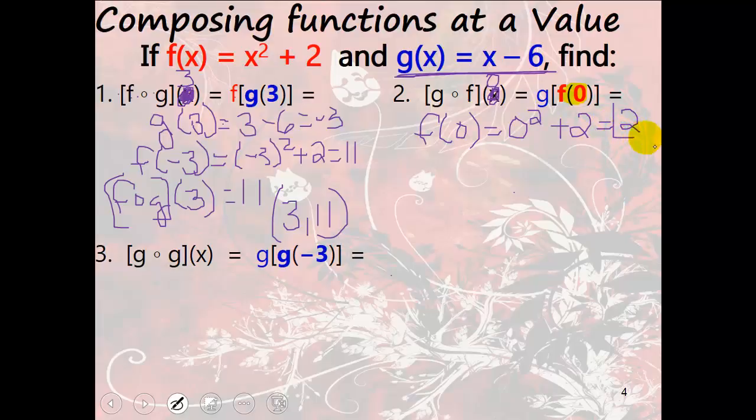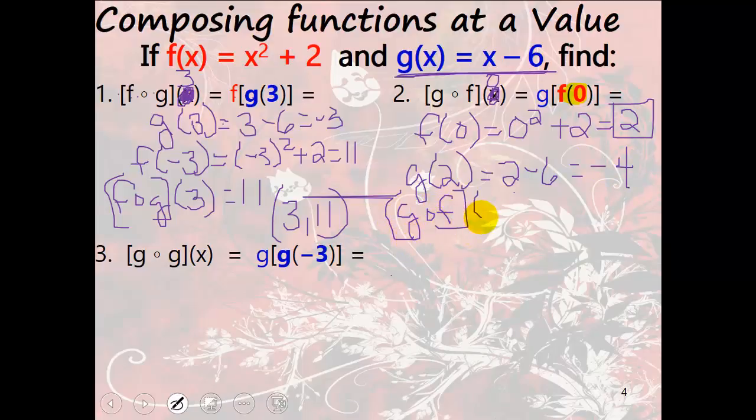Now take this number and plug it into g. So g of 2 is equal to 2 minus 6, which is equal to negative 4. So g of f of 0 is equal to negative 4, for the ordered pair 0, negative 4.